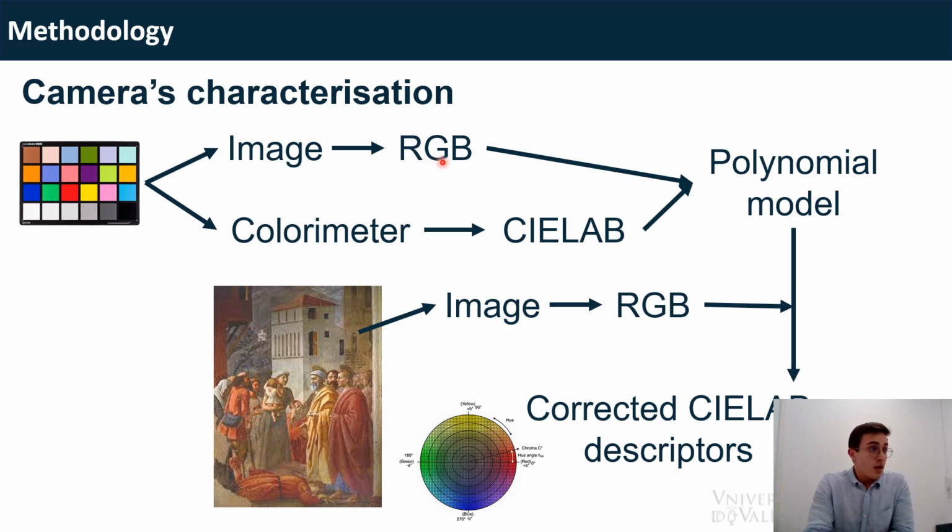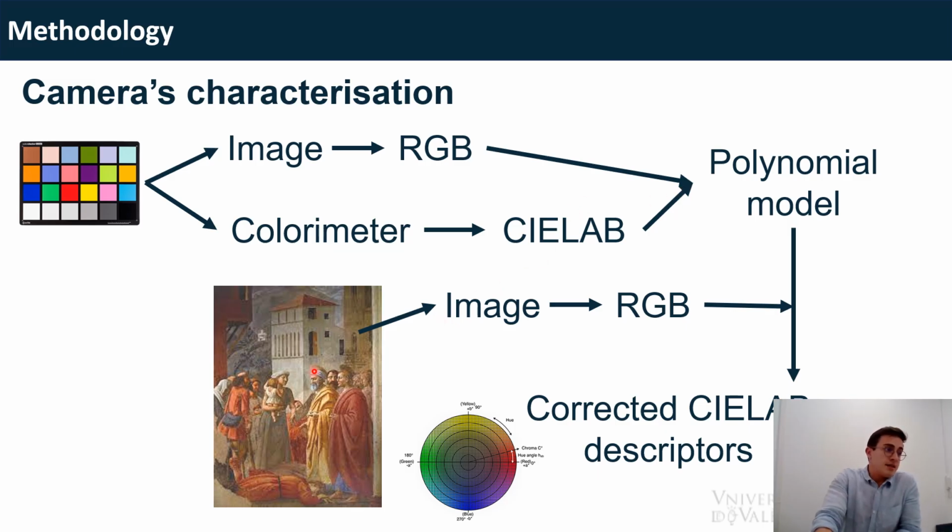Okay? So, as we know the real values of these patches and we know the final RGB parameters, what we will be doing is correlating both. So we will build a polynomial model that is considering the real information and the information obtained through the smartphone, and then correlating it. It will calibrate the response of the smartphone.